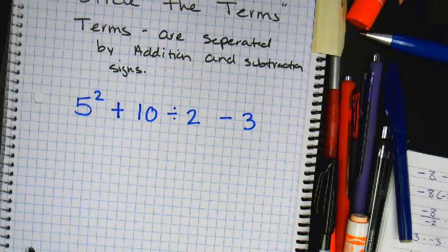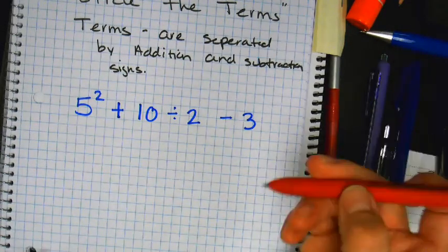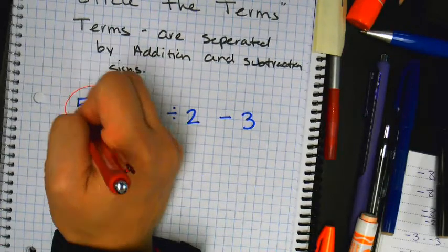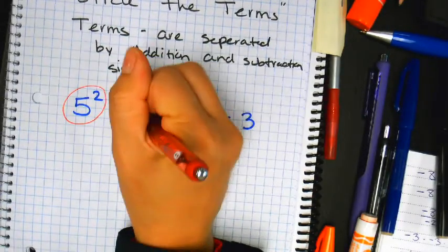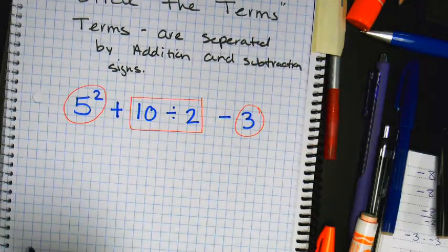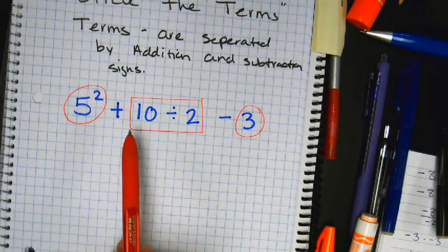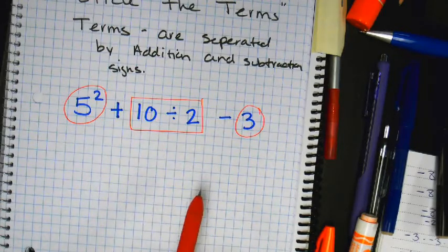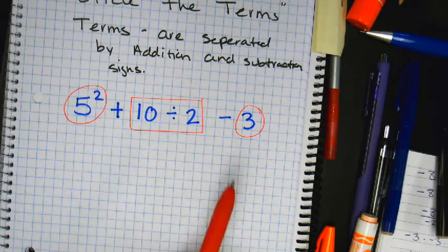So in Algebra 1, they'll ask you, how many terms are in this problem? If I were to circle my terms separated by addition and subtraction, this would be one term, this would be another term, and this is another term. The only things not circled are addition and subtraction signs. So we have 3 terms.